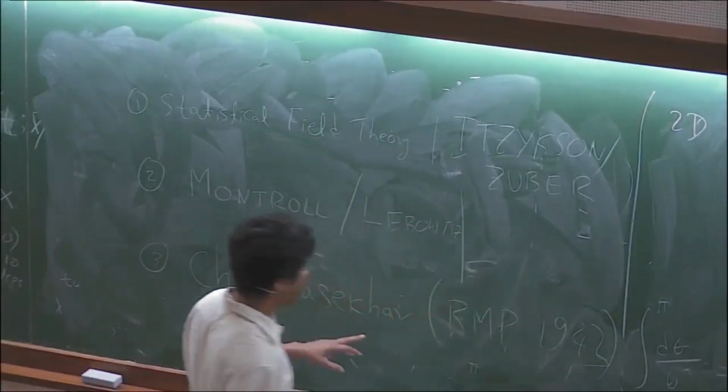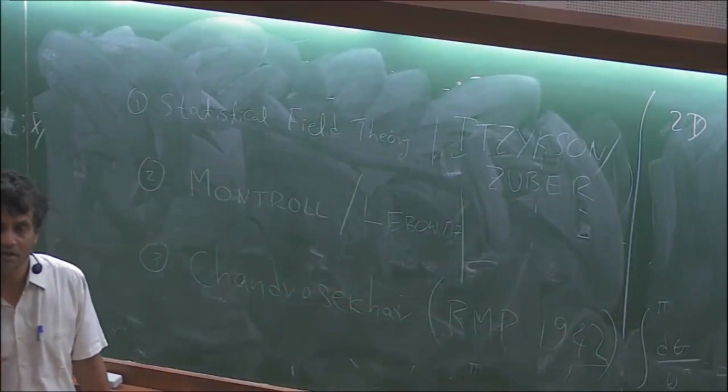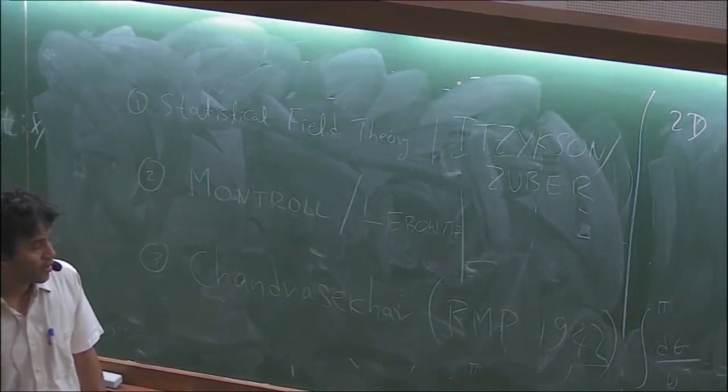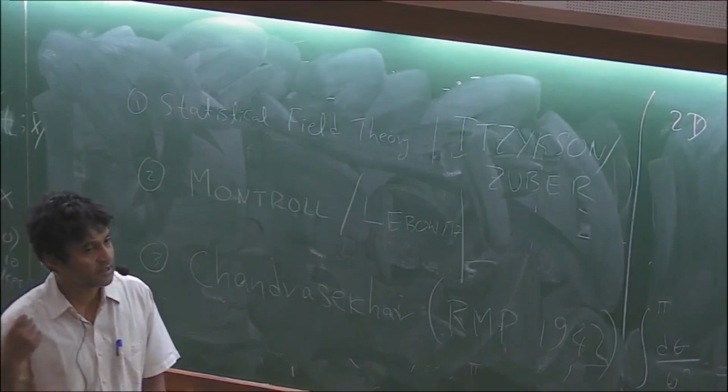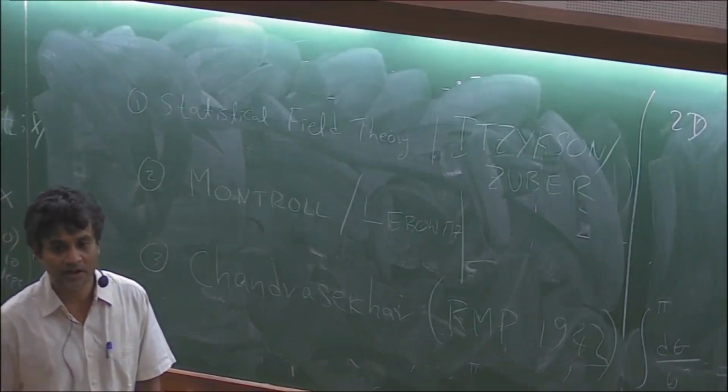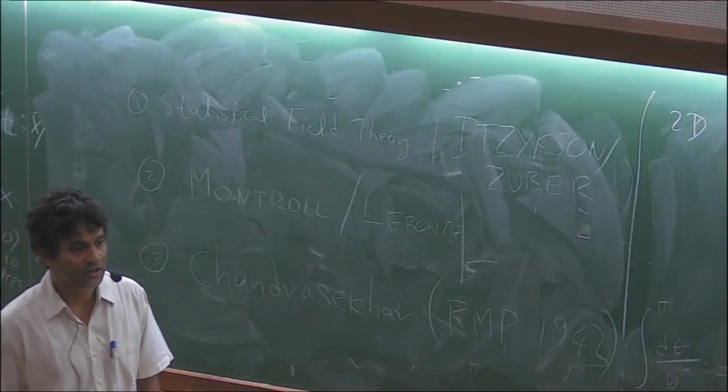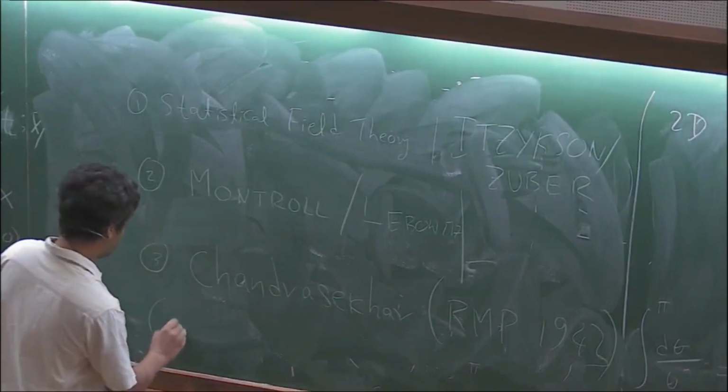Okay, so there's a Reviews of Modern Physics article by Chandrasekhar called Stochastic Processes in Physics and Chemistry. I think that is really a very beautiful article, and yeah, Feller's books.